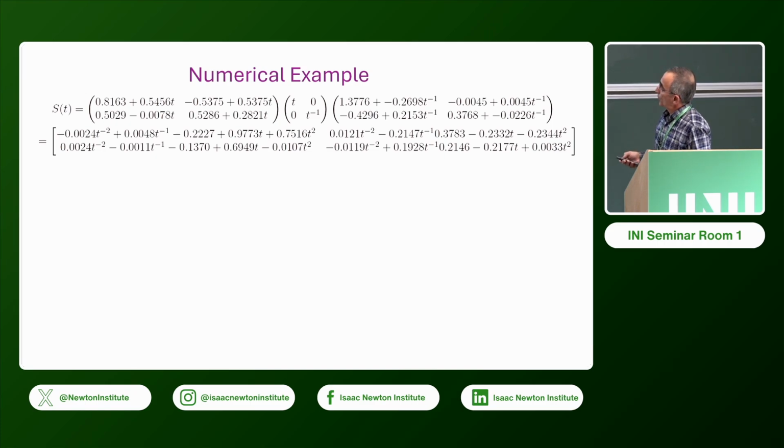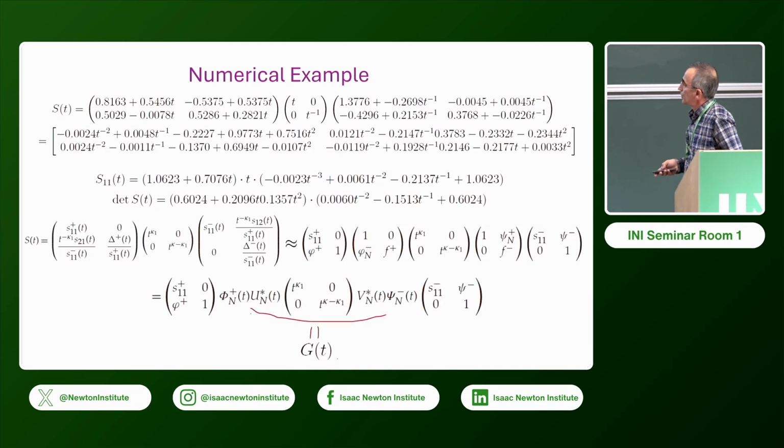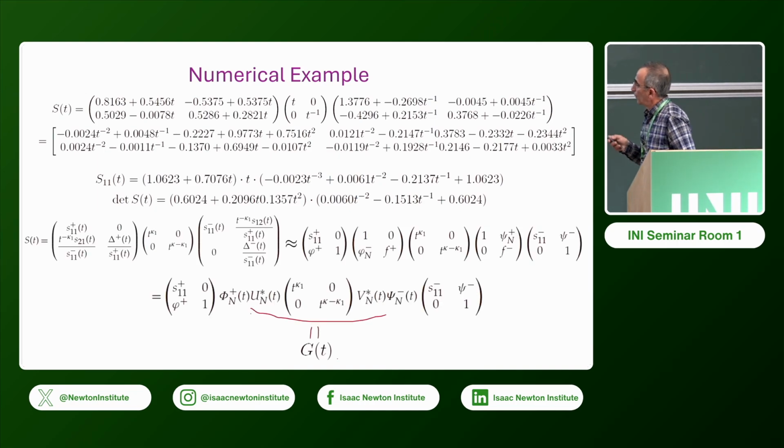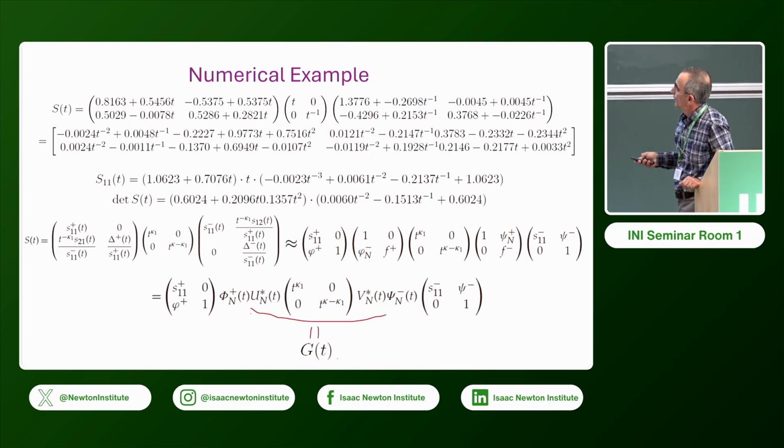And we test our algorithm for approximate factorization of such matrices. This term S11 and the determinant are also factorized in this form, and then we follow the steps given in the theorem, in the paper which I mentioned at the beginning. So we take such a factorization first, and then we approximate this positive part.